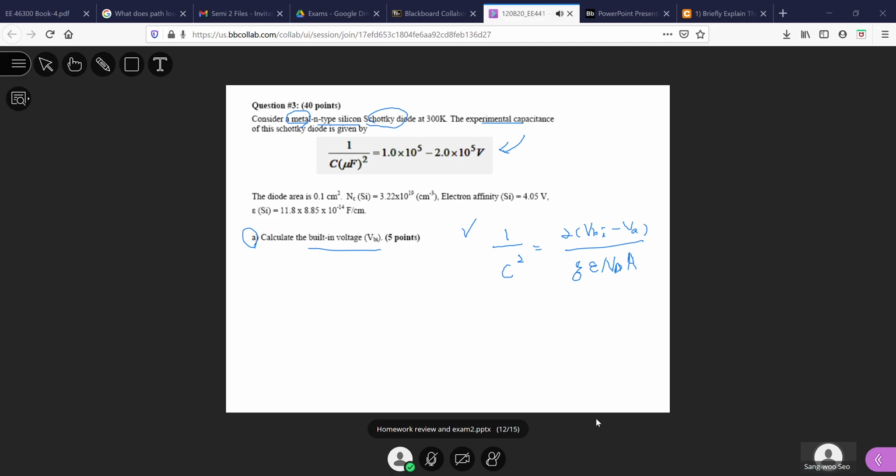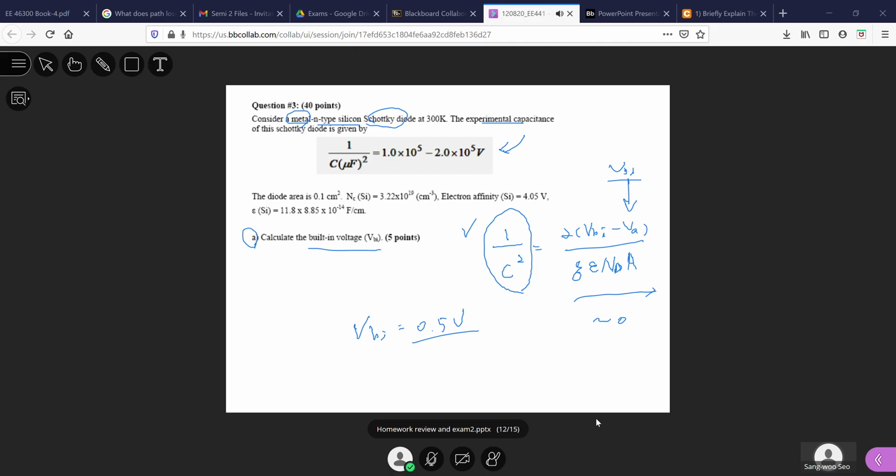So we have to start with this relationship. To calculate the VBI, simply, as you can see, when you change the VA, when the VA is close to the VBI, this value is going to be 0. So that applied bias is related to the VBI for this structure. So VBI here is, as you can see, 0.5 volt. That will answer the first question.